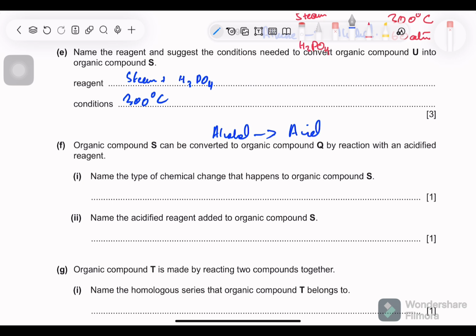And with an acidified reagent, this should ring a bell: acidified potassium manganate, which we have studied. The type of chemical change is oxidation: oxygen has been added and hydrogen removed. So the acidified reagent is potassium manganate, KMnO4, or potassium manganate. You can write it in words also.